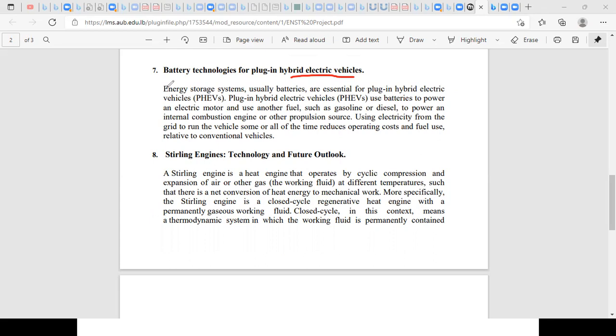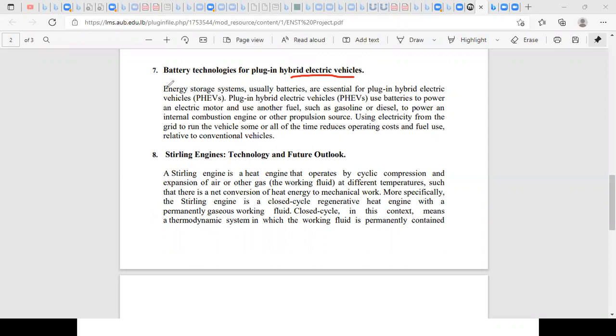And in this case, we can use these batteries to power an electrical motor. At the same time, at the first stage, we can work on hybrid vehicles. So the vehicle can run on fuel, but can also rely on batteries. In this way, we can avoid the shortage.